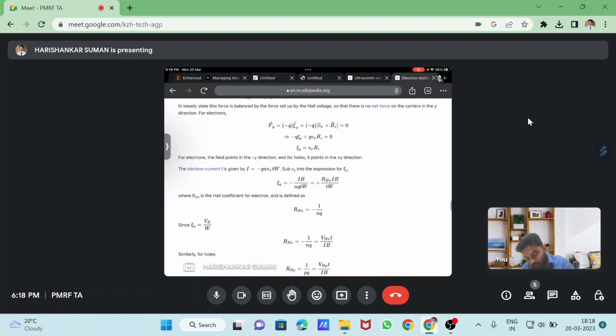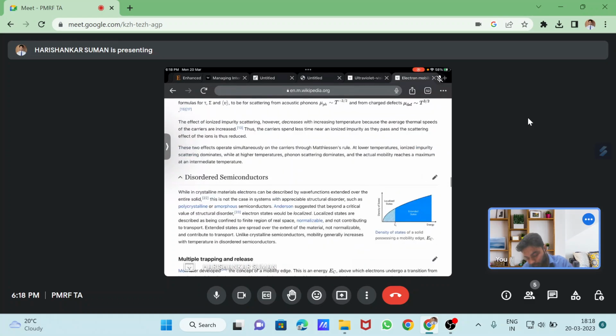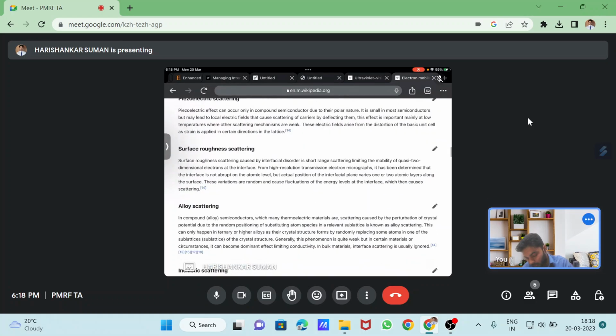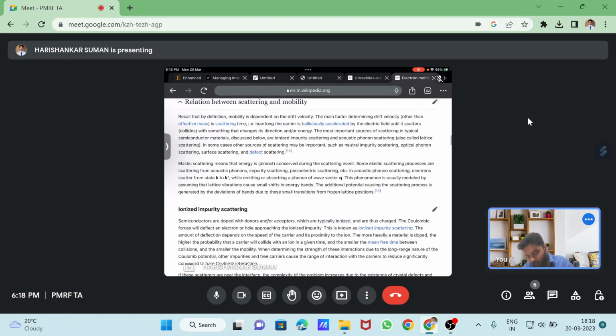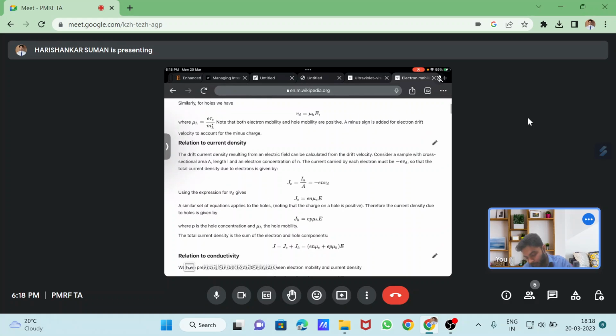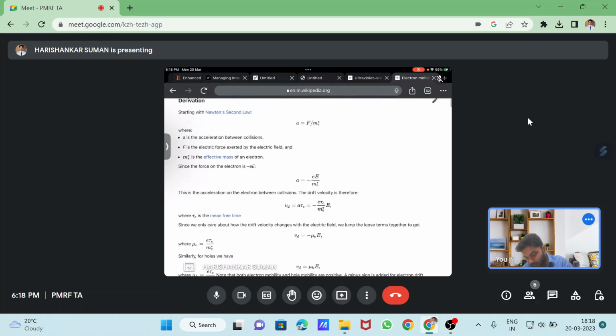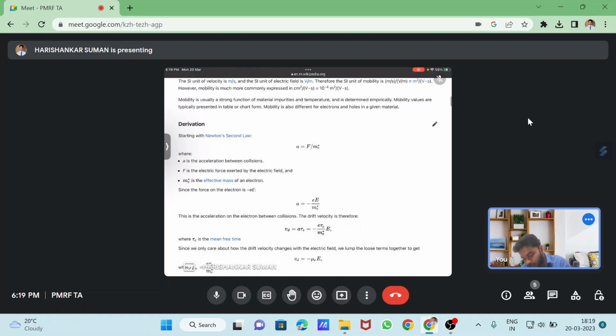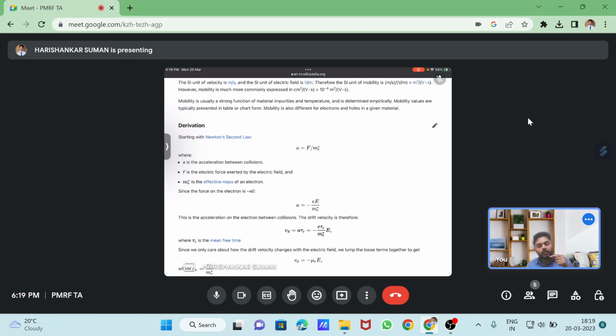There is the explanation. Let's see it one by one, the derivation. Starting from Newton's second law, F = ma, we can calculate the acceleration a between collisions.